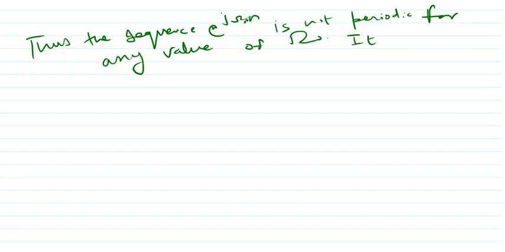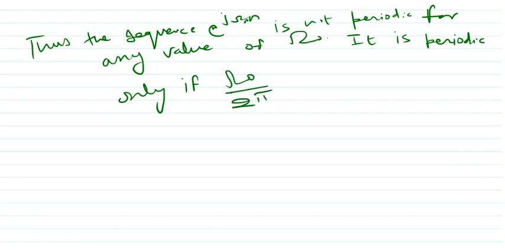It is periodic only if ohm naught divided by 2 pi is a rational number, which I already told you. So what is the conclusion?